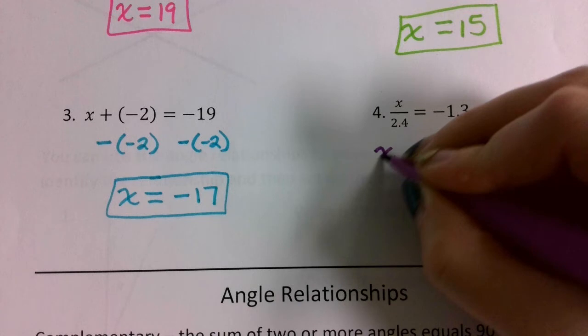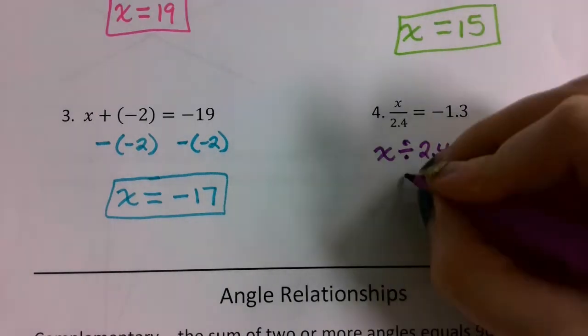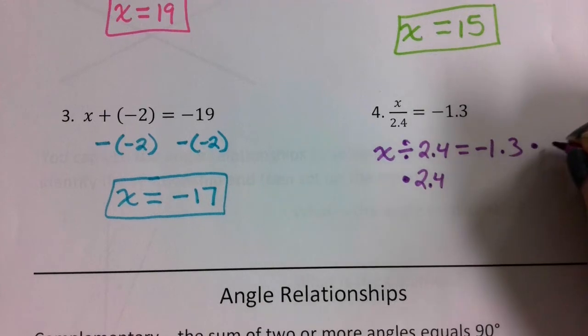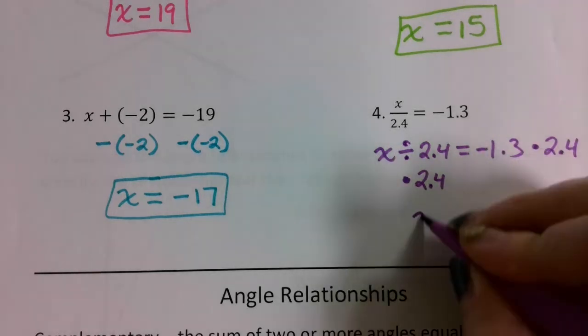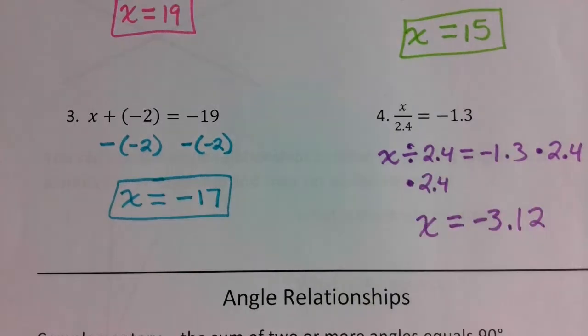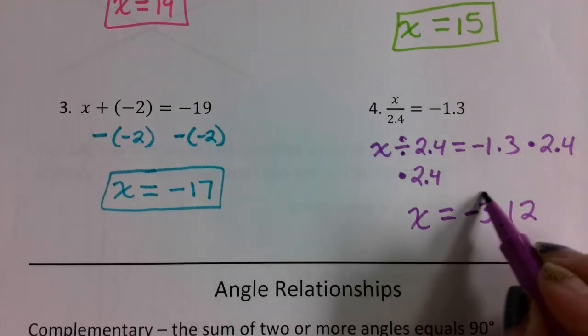That's just another way of writing it. So instead of dividing by 2.4, we would go ahead and multiply by 2.4 onto both sides. So -1.3 times 2.4, it's going to come out to -3.12. So you should have gotten x is equal to -3.12 as your answer.